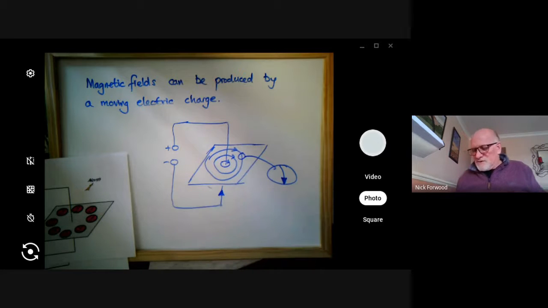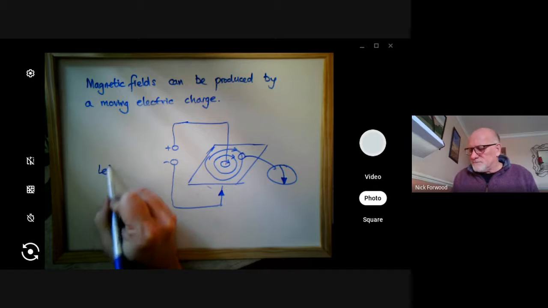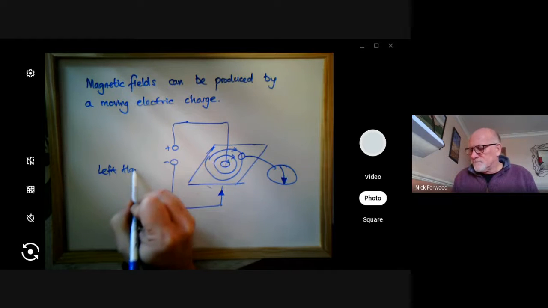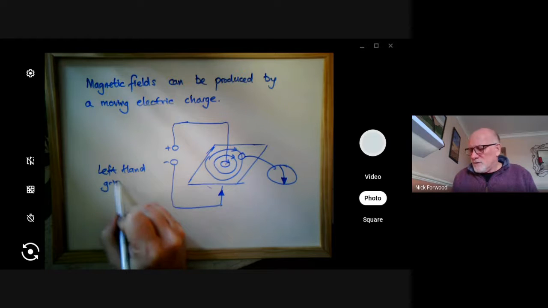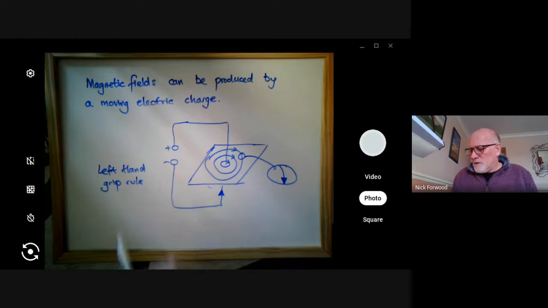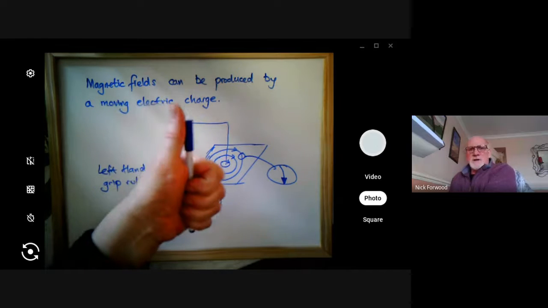Okay, now a way of remembering how this works is if you take your left hand, we've got something called the left hand grip rule, and I'm going to take my pen and grip it in my hand like that.